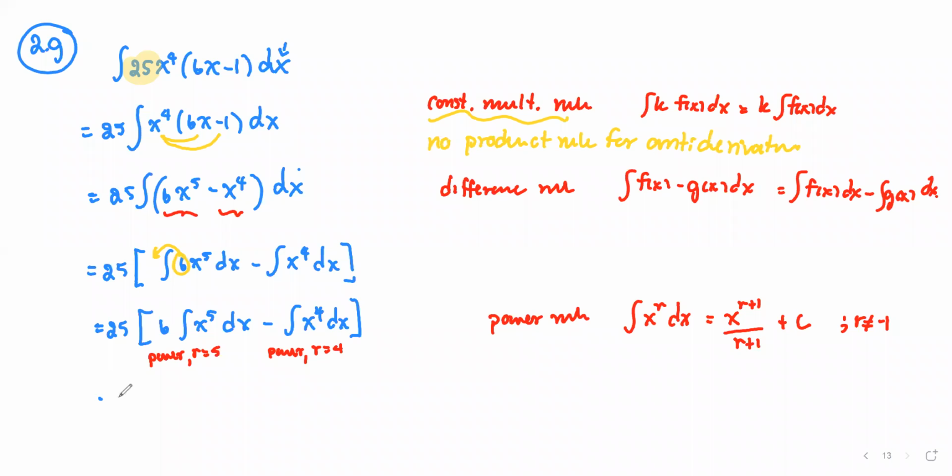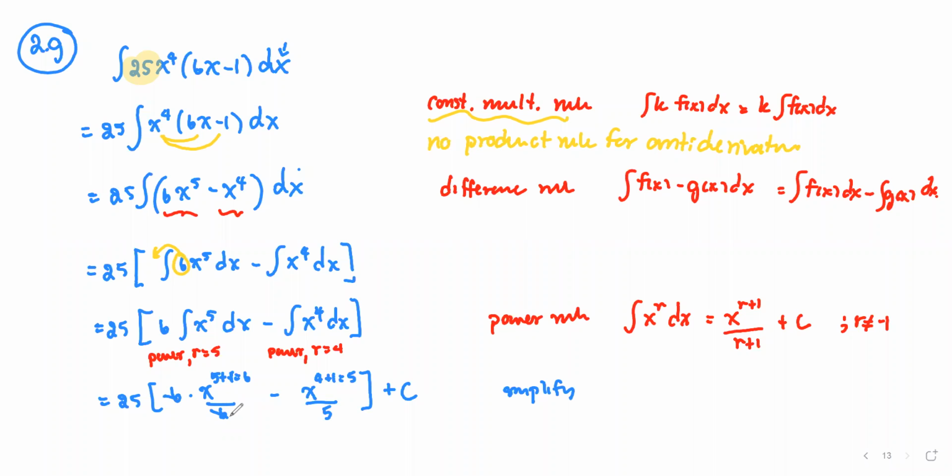Then we get the antiderivative of each. With 6 as a coefficient of the first, the antiderivative becomes x to the 5 plus 1, or 6, divided by the same number 6, subtracted by x to the 4 plus 1, which turns out to be 5, used as a denominator again, and then add C as the constant of integration. In the next step, we simplify.